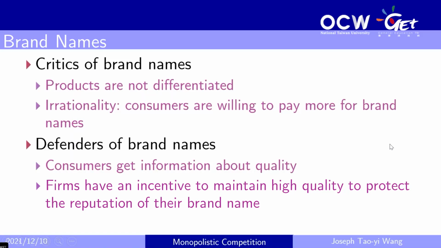Well, because Apple does spend a lot of effort on quality control. If a new feature is not going to meet their high standards, they're just not going to include it in this year's iPhone. And they have the incentives to maintain their brand name and this high quality standard compared to other more generic brands. So again, there are pros and cons for brand names, and there is no silver bullet here.